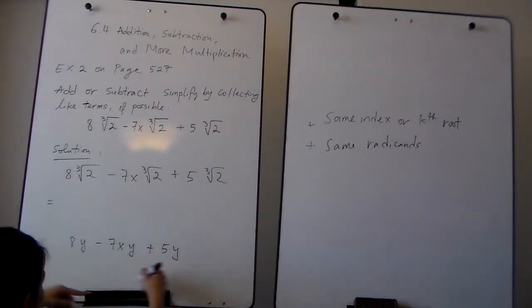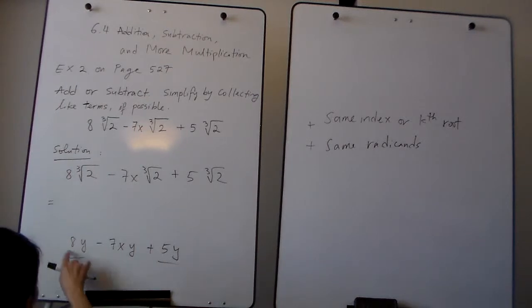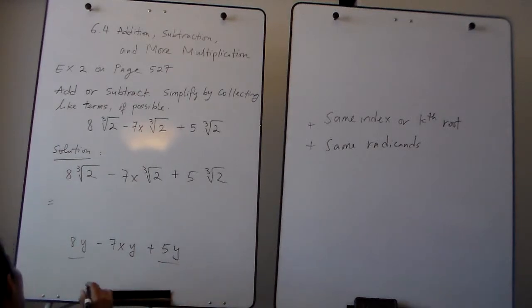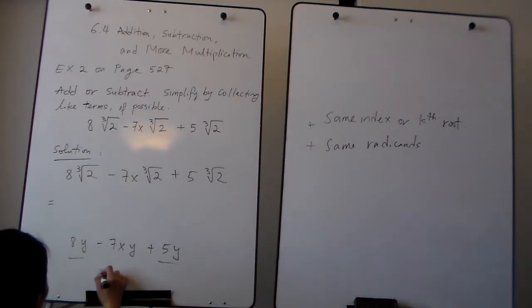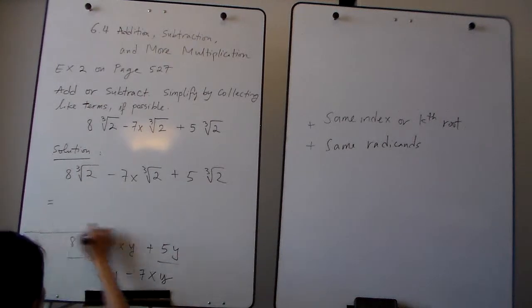In doing that, I see that this and this I can simplify, right? So a plus 5 is 13y minus 7xy, right? Let's try this first.